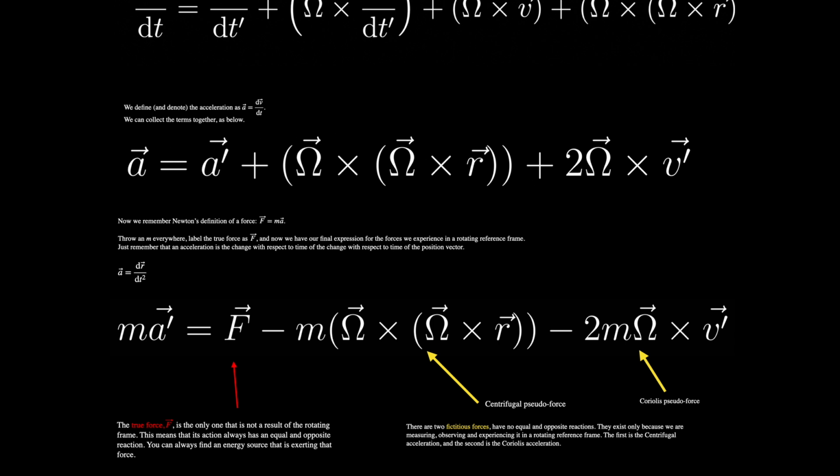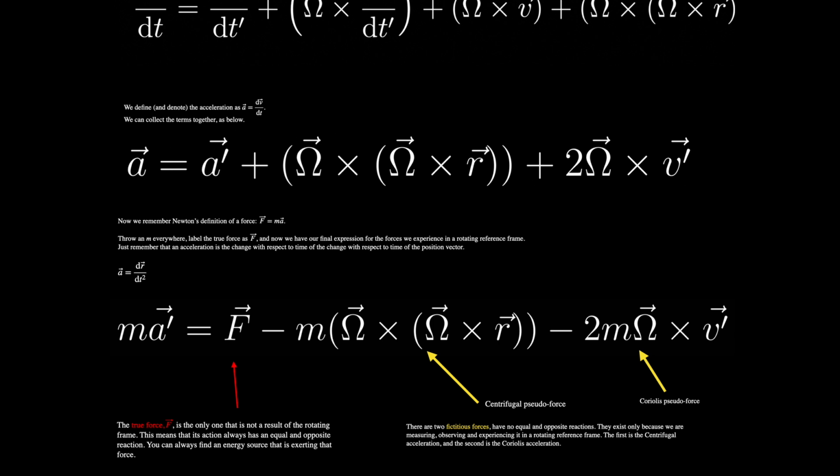So a mass times an acceleration inside a rotating reference frame is equal to some real force that's causing some sort of acceleration, minus these two terms, the first one being the centrifugal force, which is called a pseudo force, and the far right-hand one, the second minus term, is called the Coriolis force.